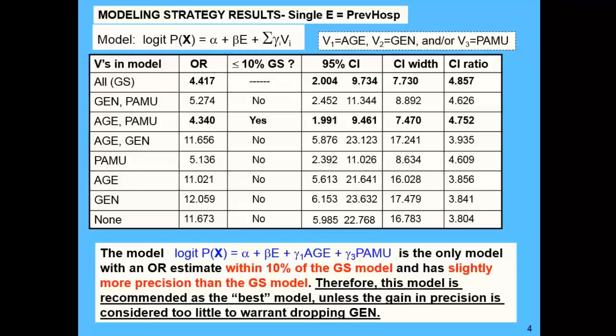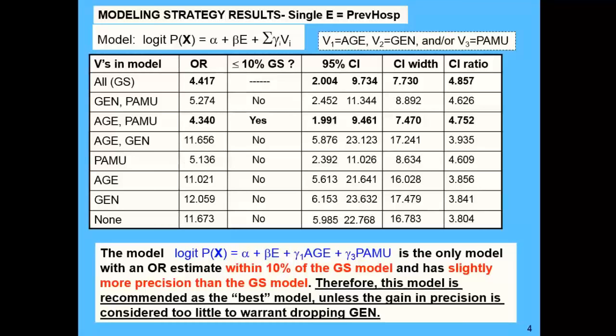It's the one that drops gender, which was the same model that we got from the all possible subsets approach or from the backward significant approach. No guarantee in a different situation you get exactly the same answers, but it turns out to be the same answer in this case.